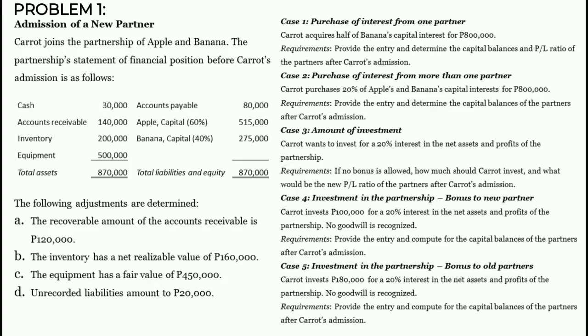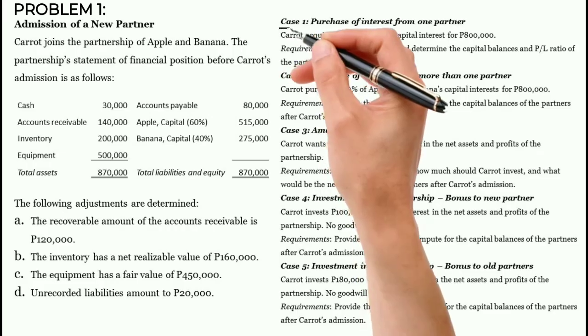A. The recoverable amount of the accounts receivable is 120,000 pesos. B. The inventory has a net realizable value of 160,000 pesos. C. The equipment has a fair value of 450,000 pesos. And D. Unrecorded liabilities amount to 20,000 pesos.